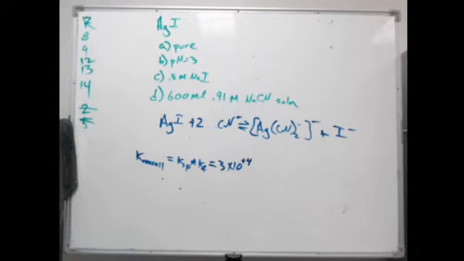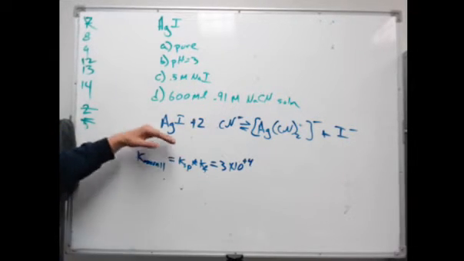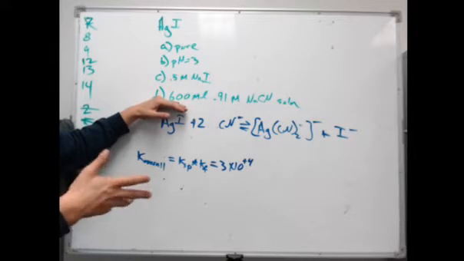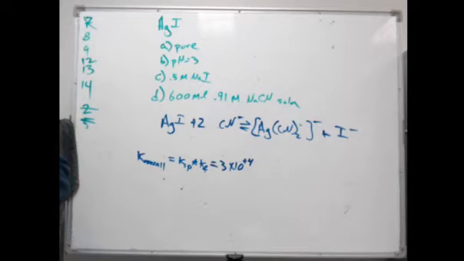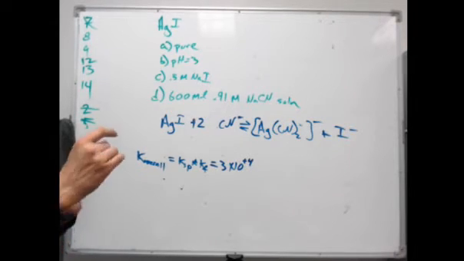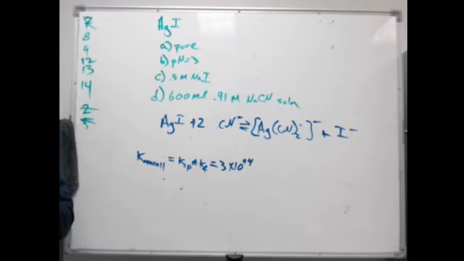So you can kind of get away with just saying approximately that amount. It's approximately this amount plus something that's small, right? X is small approximation. The place where this would be more interesting is if instead of just saying how much AgI dissolves, I also asked how much CN minus is left in solution, then you have to do the ICE table as well.